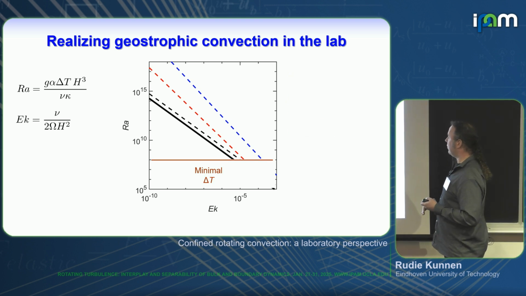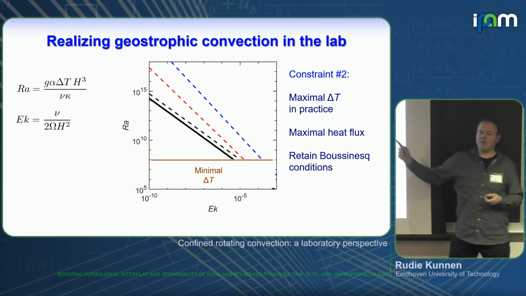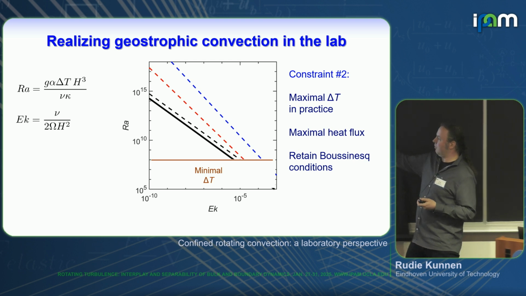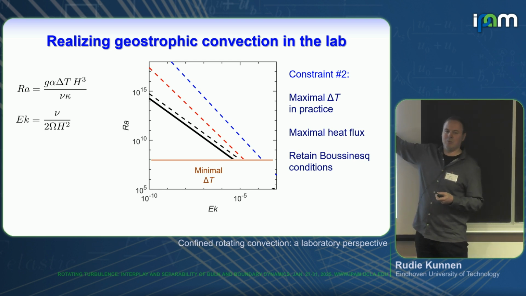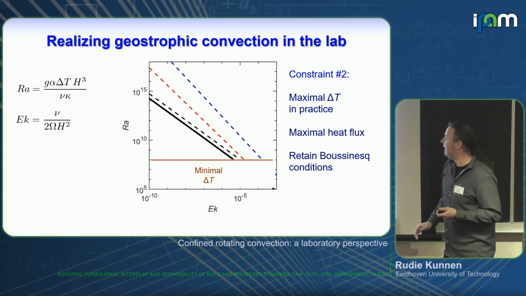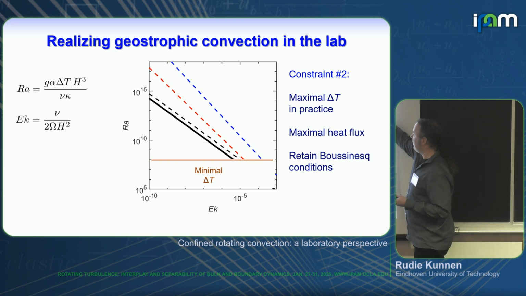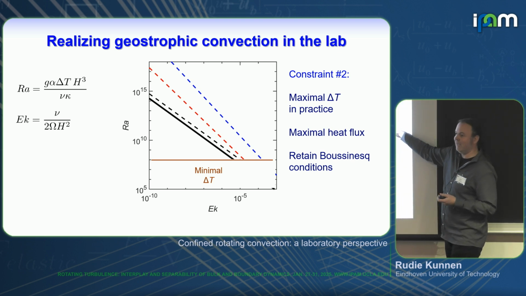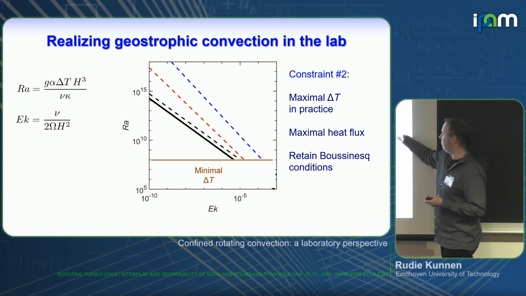Now, of course, on the opposite side, there will also be a maximal delta T that we can reasonably apply. For example, with water, of course, delta T will never come really close to 100 degrees for obvious reasons. At the same time, it's also difficult to add really large amounts of heat to such a system, possibly in practice.